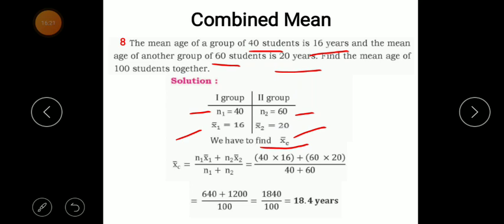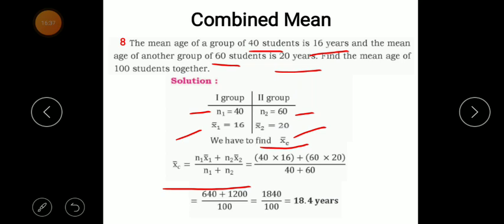The formula is very simple for this. xc bar is equal to n1 x1 bar plus n2 x2 bar upon n1 plus n2. So this is the formula. Just substitute them in the formula, you will get the answer.